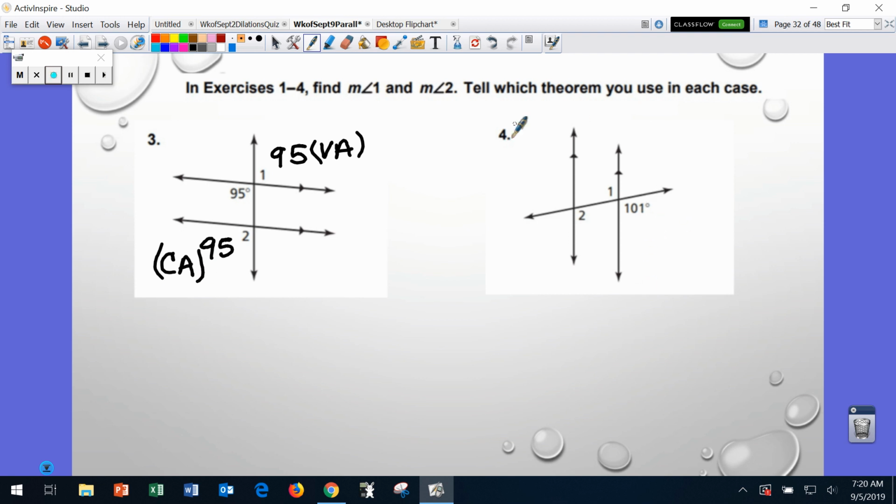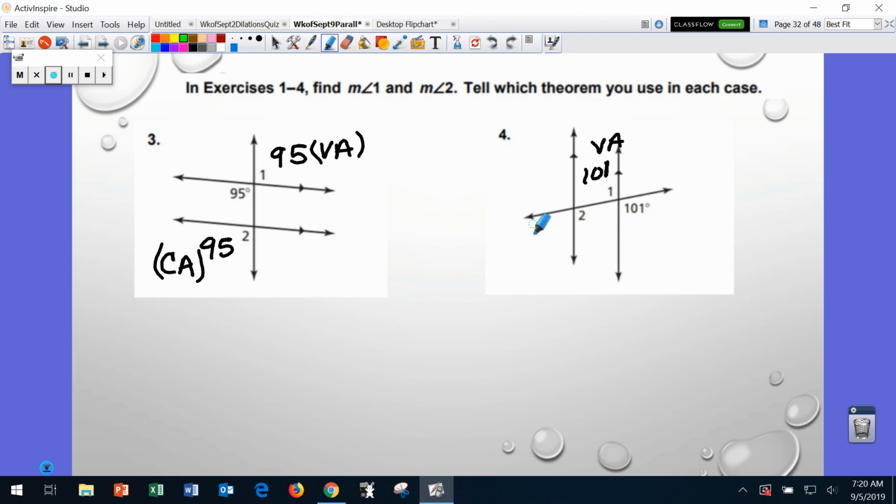Okay, let's go to number 4. If we look at, these are my parallel lines this time, and this is the transversal. If you look at the measure of angle 1 and 101, they are called vertical angles. So since it's a vertical angle, I'm going to say they're congruent. And so that's 101. Now, if you look at these two, they are inside of the parallel lines and are on opposite sides of this transversal right here.